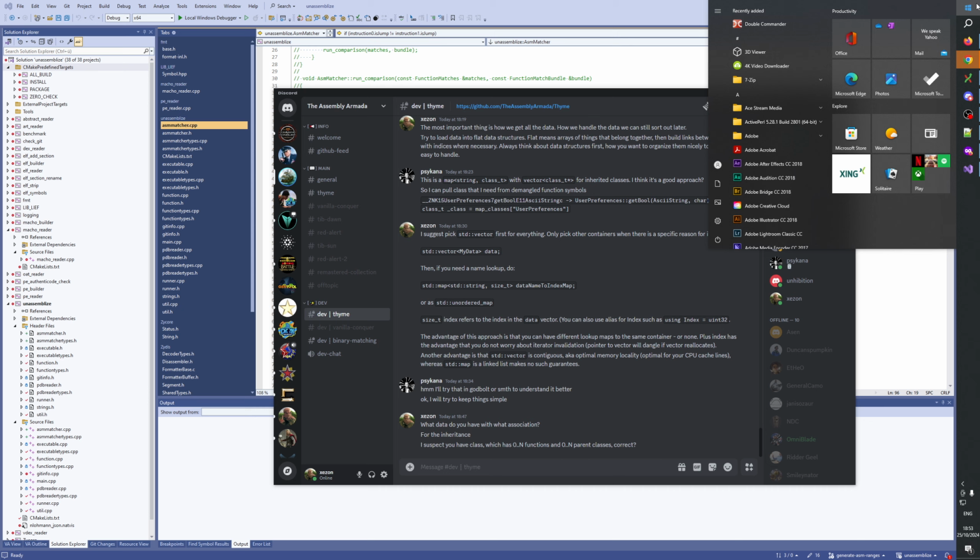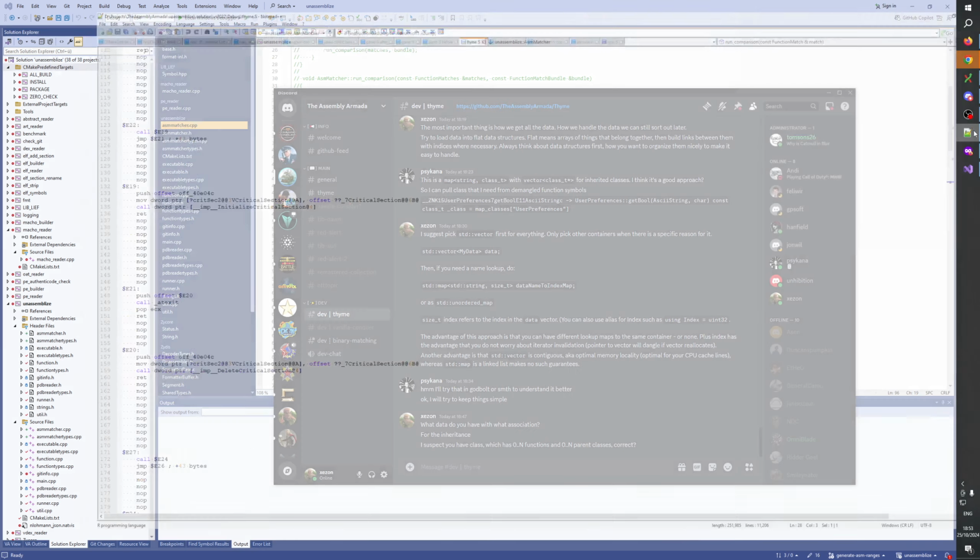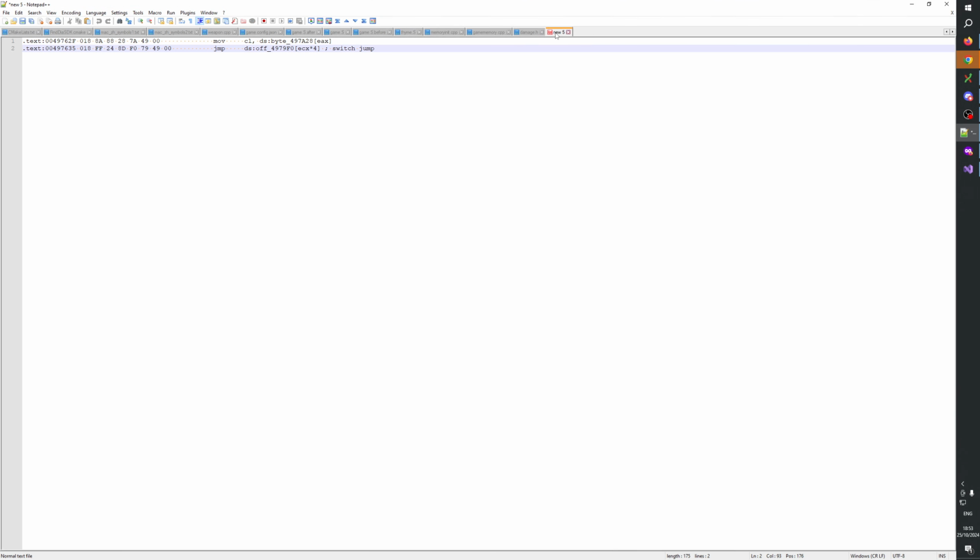How would we lay out the data? Let's open a new document.